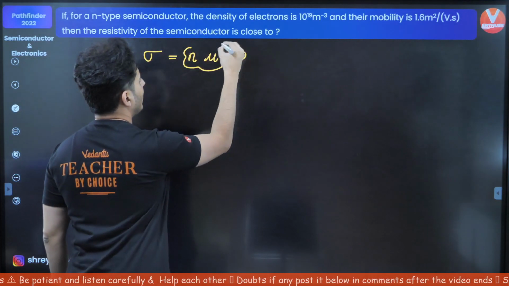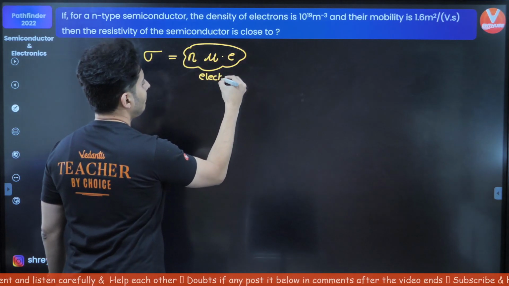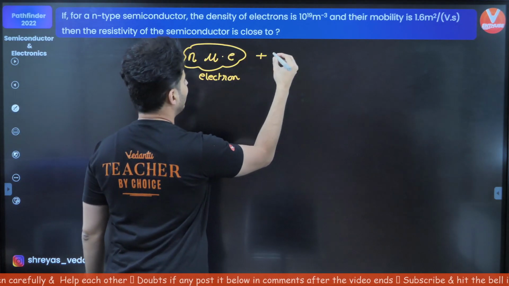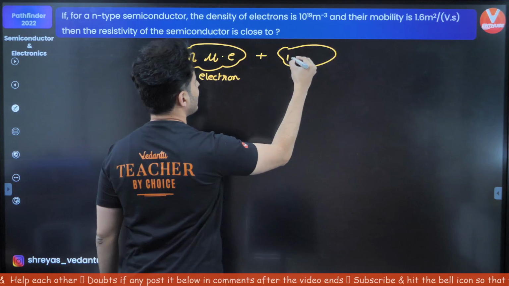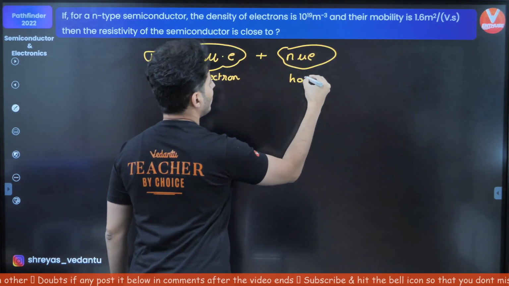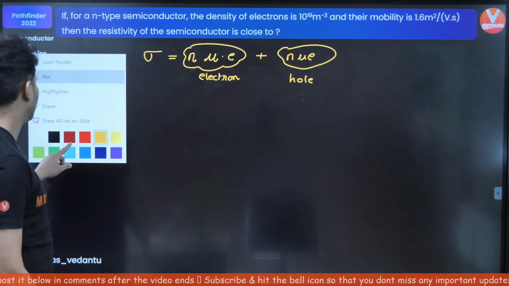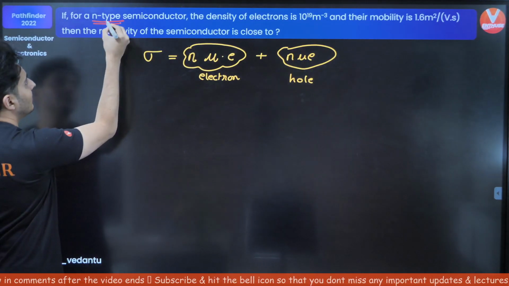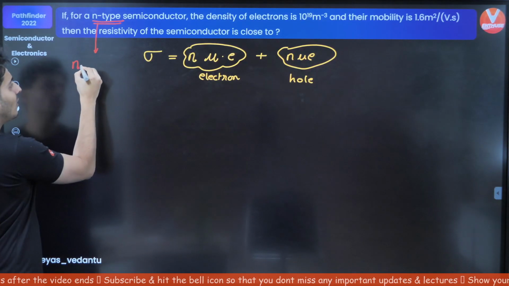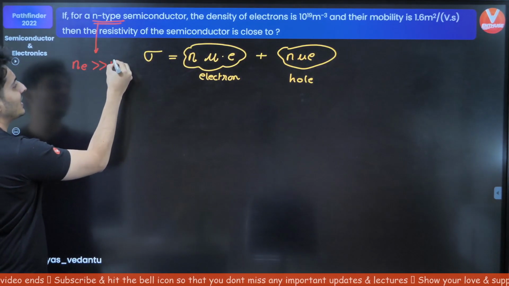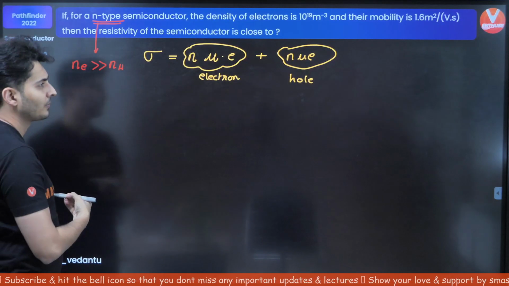All this is for electron. Similarly, I'll have one more term exactly like this, n mu e, but that's for hole. Now the thing to keep in mind is this is an n type of semiconductor. That's what changes everything. In n type, the electron concentration is much larger than the hole concentration.